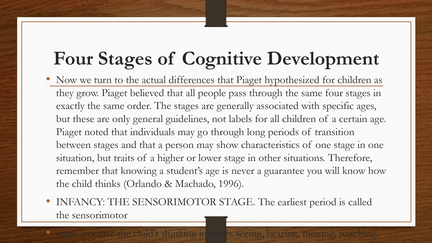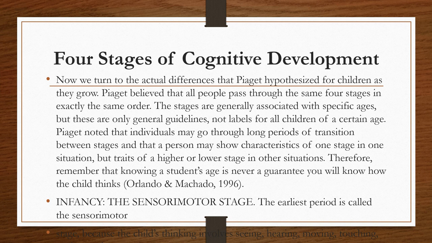Piaget noted that individuals may go through long periods of transition between stages and that a person may show characteristics of one stage in one situation, but traits of a higher or a lower stage in other situations. Therefore, remember that knowing a student's age is never a guarantee you will know how that child thinks.